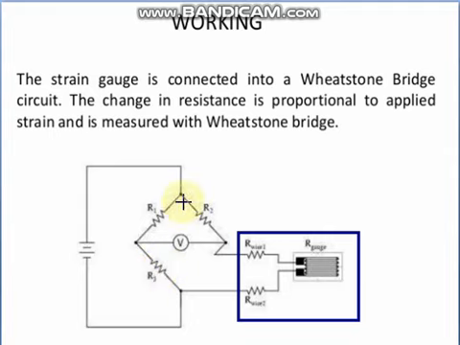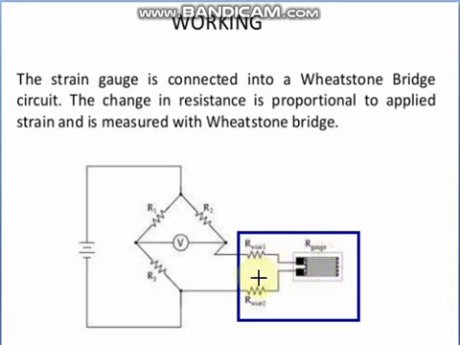If one diagonal of this Wheatstone bridge is connected with the electrical source and the other diagonal is connected with the voltmeter, then in a general case, when there is no change, the voltmeter will show 0 indication, and if any force is applied on the strain gauge, then the dimension will be changed, and due to the change in dimension of the strain gauge, the resistance will be changed.